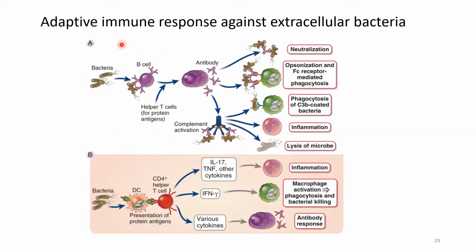So, the adaptive immune response against extracellular bacteria. We get antibody to neutralize, opsonize, phagocytose, cause inflammation, and lysis. And for the T cell, what have they done? In bacterial infection, once bacteria get into our body, we get phagocytic cells.